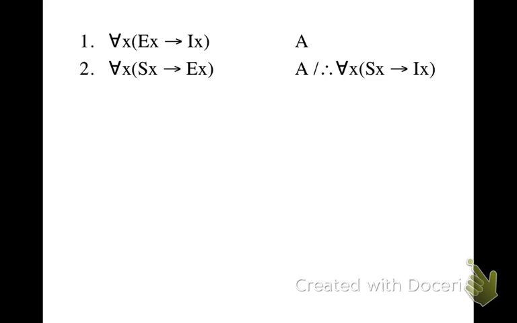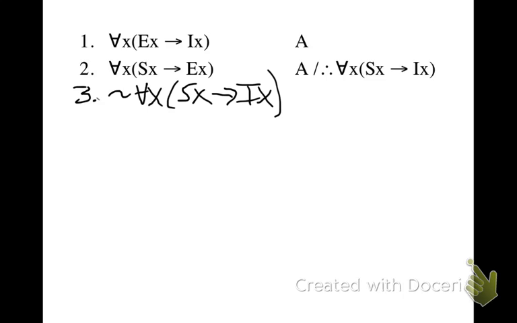Since we're trying to derive a universal formula, we need to assume its opposite and then try to get this by reductio. So we're going to assume it's false that for all x, if sx, then ix.